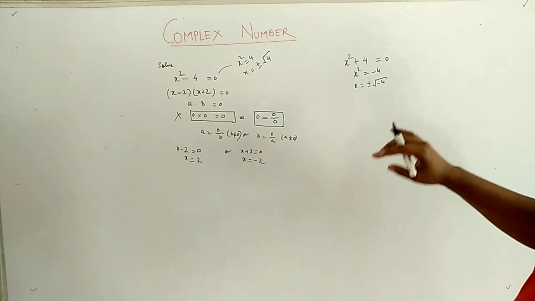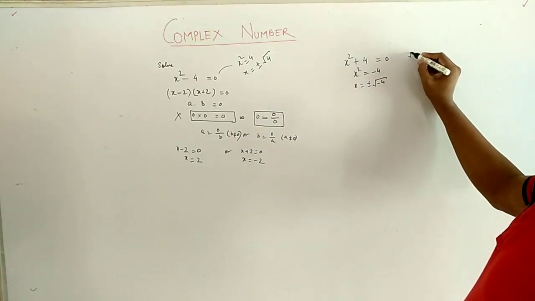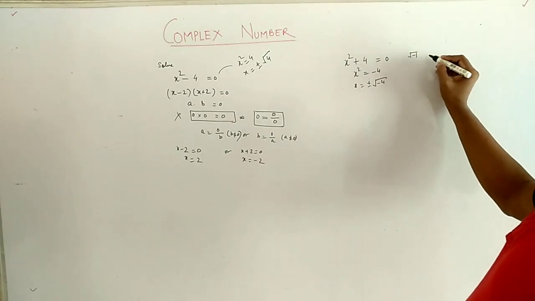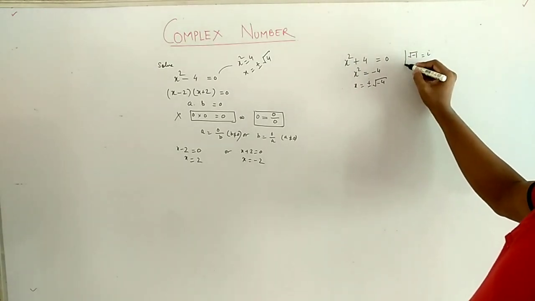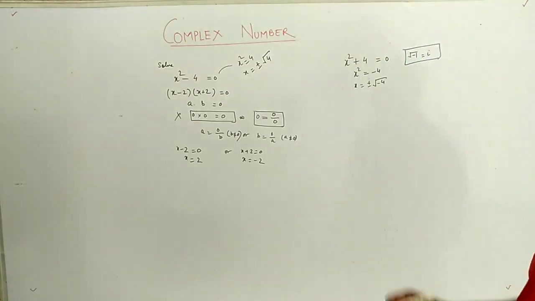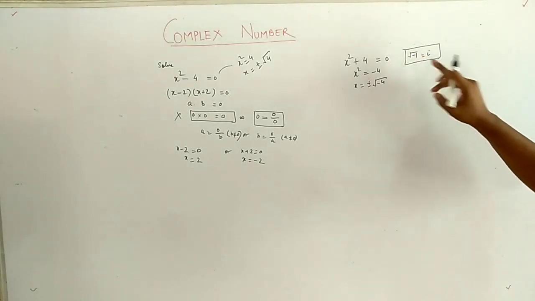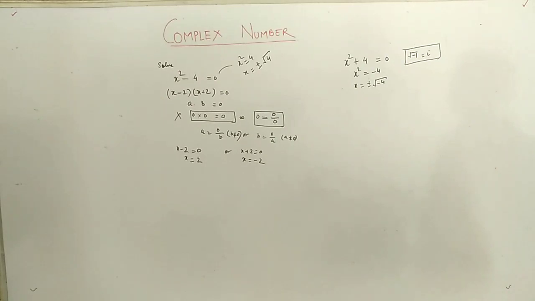So mathematicians decided to fabricate a new idea: they assume that under root of minus 1 is i, and this is called iota, a very small tiny number, represented as i.